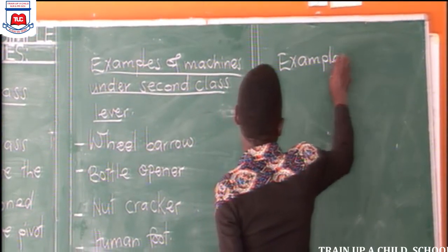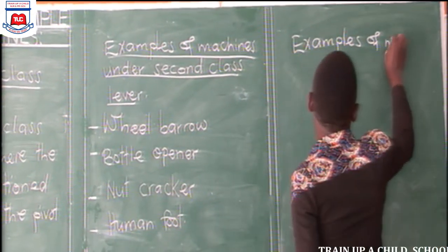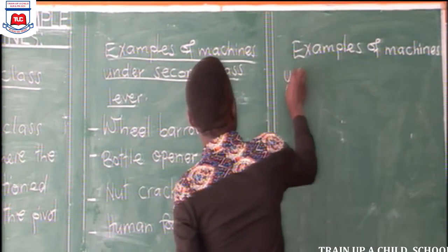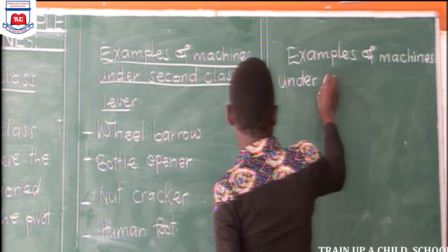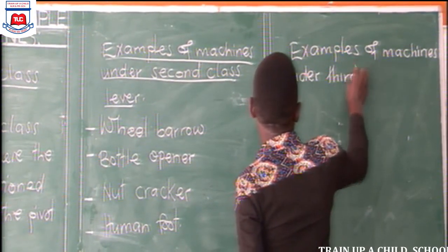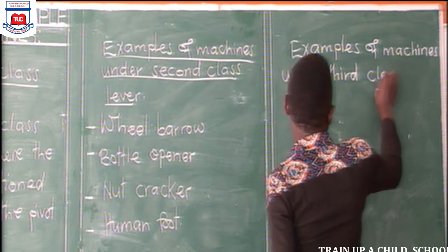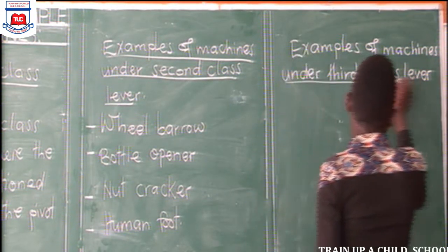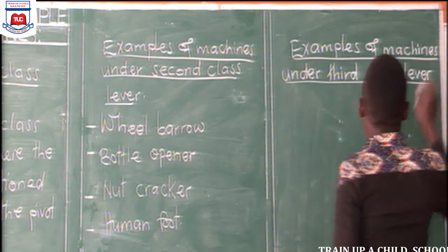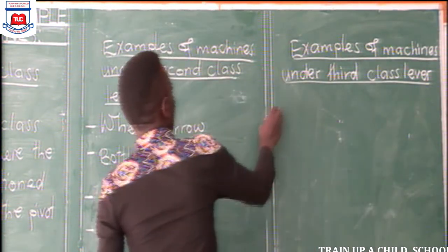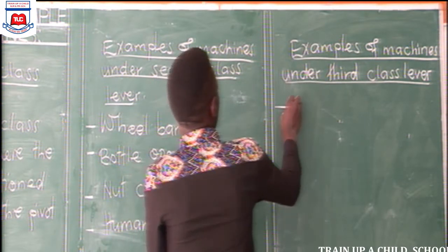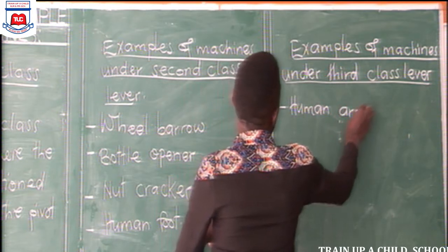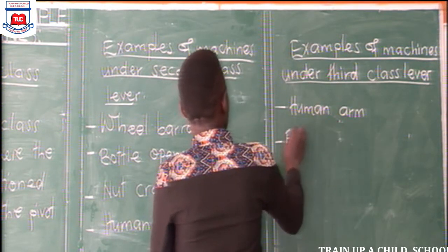Examples of machines under third class lever. Here we shall have the human arm. Then you have a fishing rod.